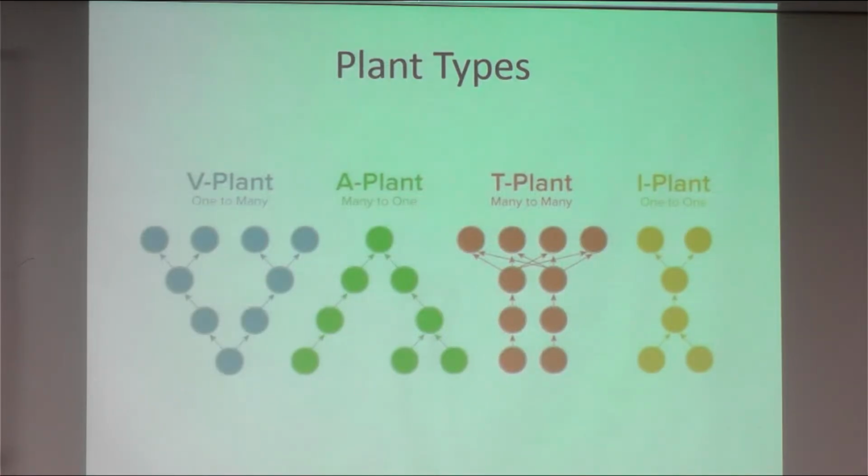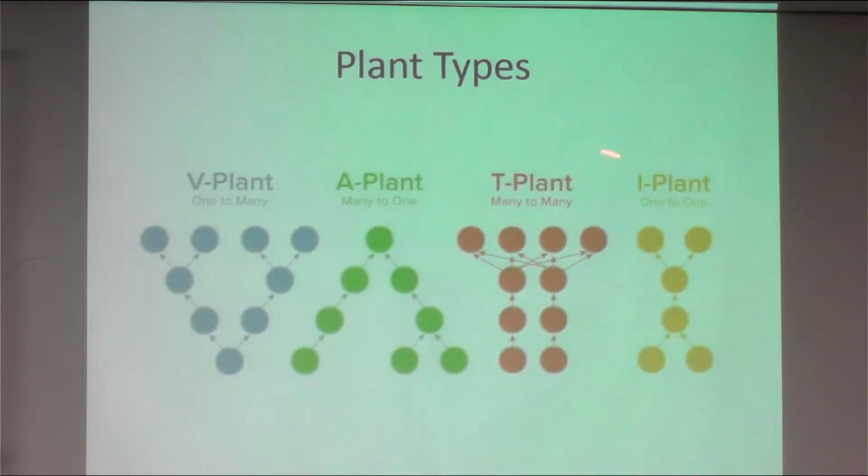Another disadvantage is, if the chain breaks, the whole system collapses unless it is repaired or replaced. This I-type plant means 1 to 1. That means one type of raw material, one type of product.